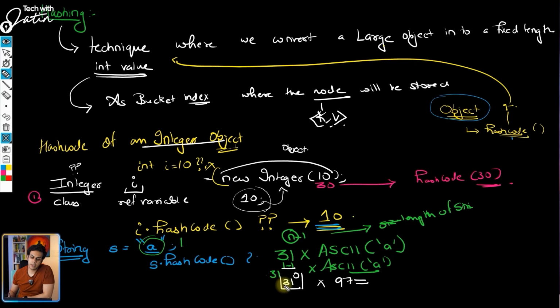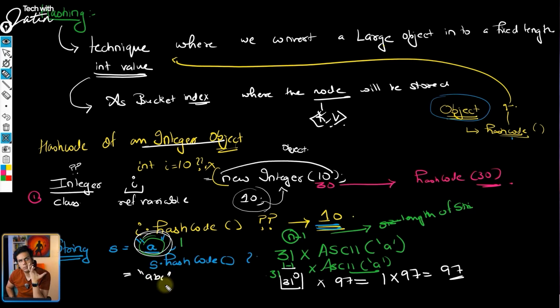So the answer is 1 into 97, which is 97. Is this part clear to everyone? This is the hash code of your string A, where this is the only character I have in the string.